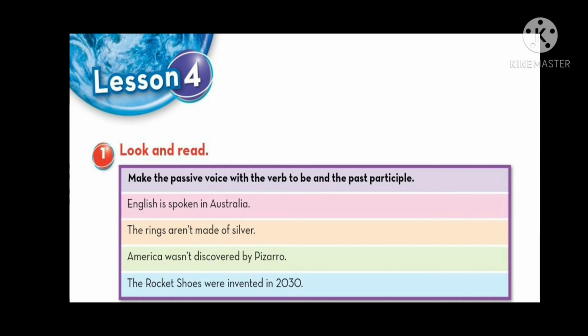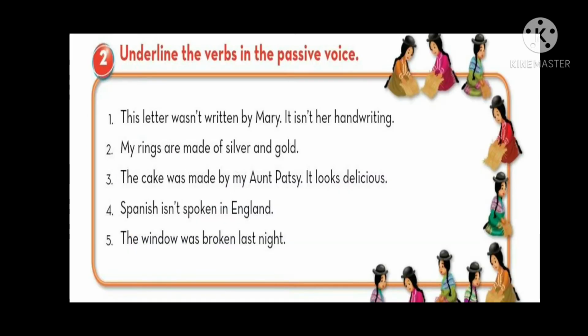Okay, now we will move to exercise number 2. Underline the verbs in the passive voice. لما أنا أحكي لك find out a passive voice verb, لما أنا أبحث عن ال passive voice I need to find verb to be plus verb 3. Verb to be plus verb 3. Let's read the sentences. Number 1.